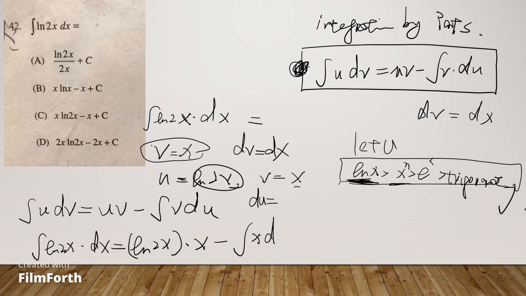Because u equals ln of 2x, du equals 1 over 2x, and using the chain rule times 2, equals 1 over x dx.